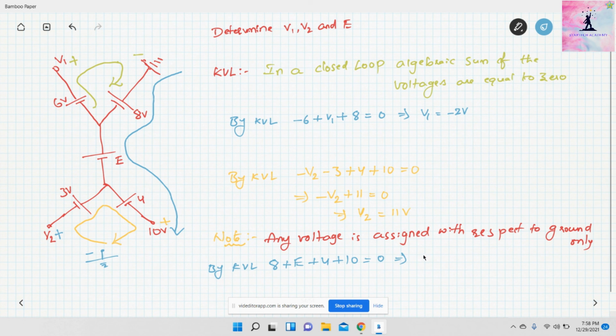That implies E equal to 22 volts. So I have determined V1, V2 and E by using KVL.